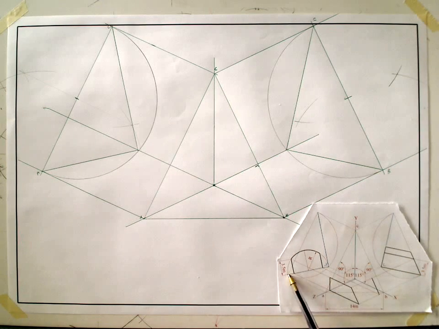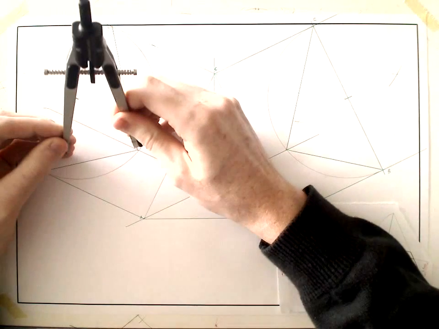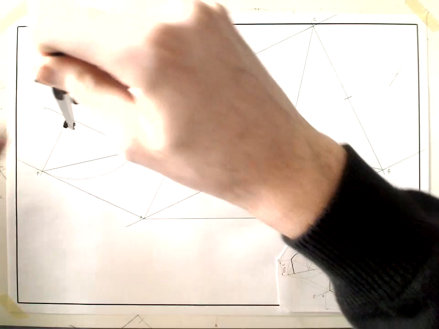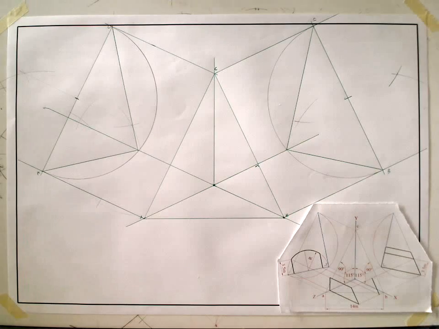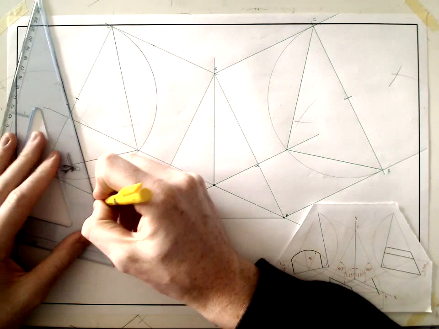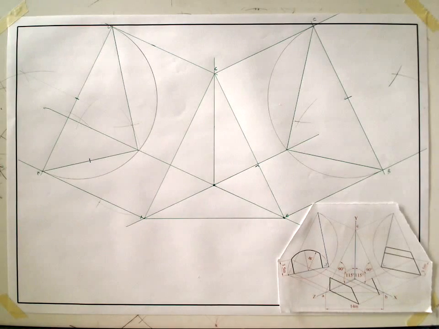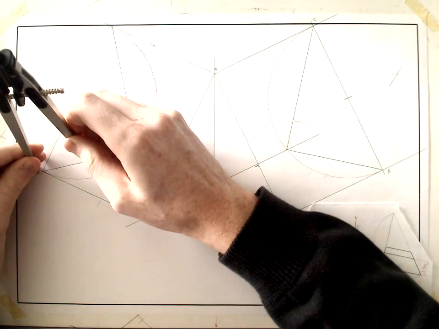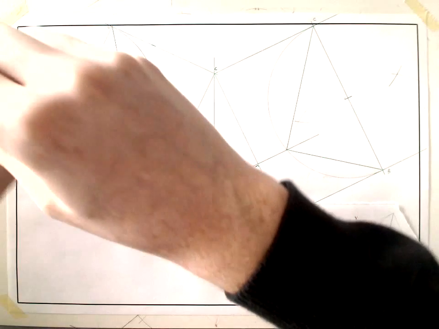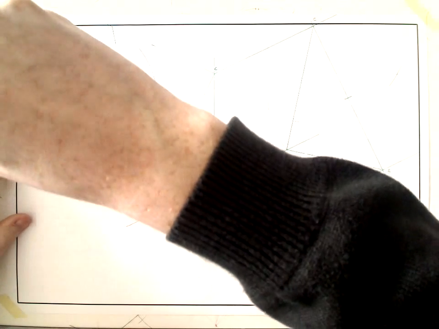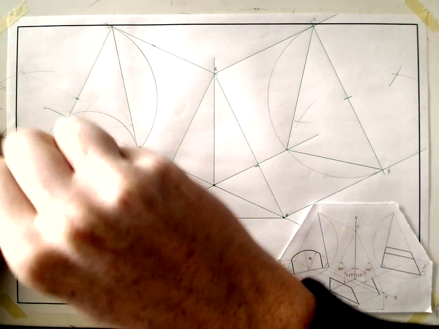So I can see that I'm going to have to bisect this distance here first. And then I draw in a semicircle.